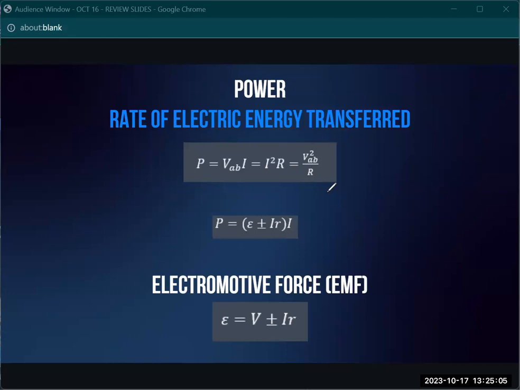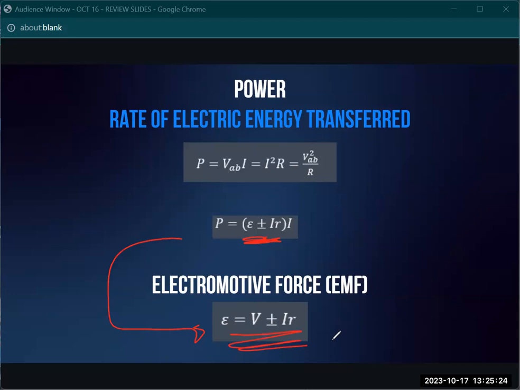And we can also express power in terms of the electromotive force. We substituted the electromotive force sa voltage. Dito siya galing. Teka, alam nyo na ang electromotive force?